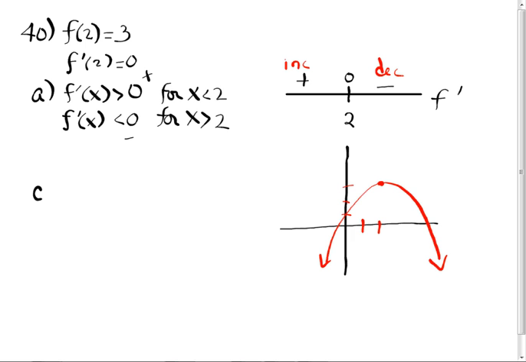And the thing is, you have to really think about this. F prime of x is less than 0 everywhere except at 2. Now, if the first derivative is less than 0, it means it's negative, which means f is what?